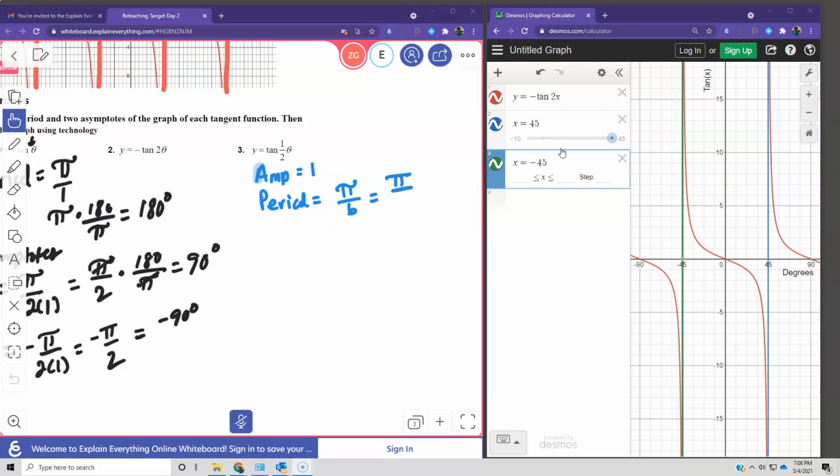So it's pi over 1/2. And what happens when you have pi over 1 divided by 1/2? It's going to be pi over 1 times 2 over 1. So the period gets longer. So the period is 2 pi.